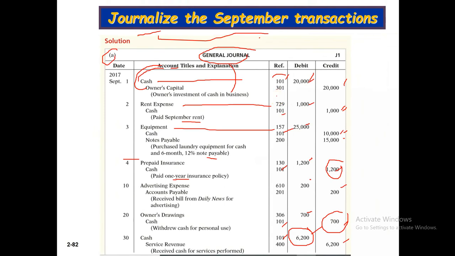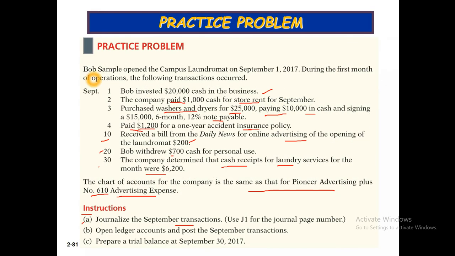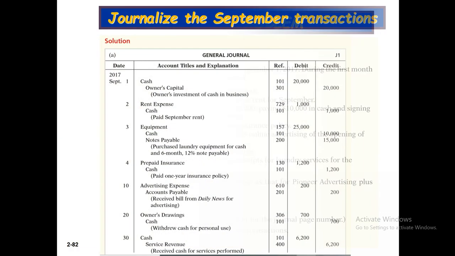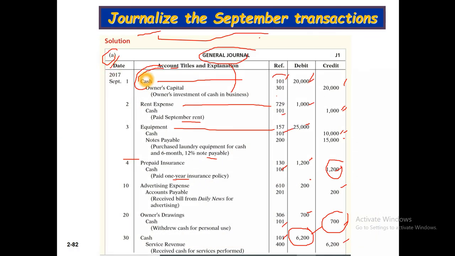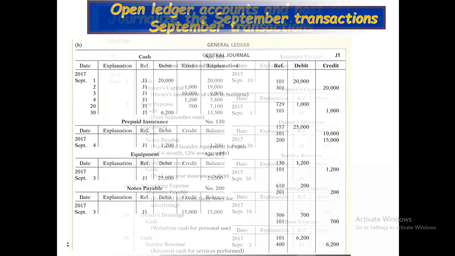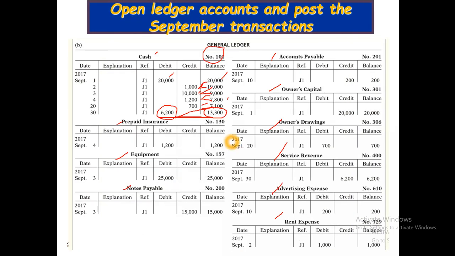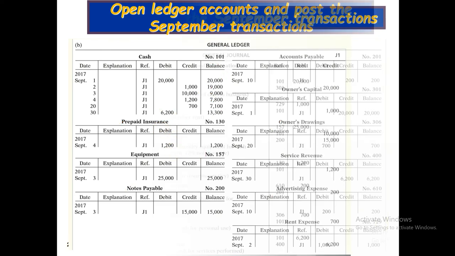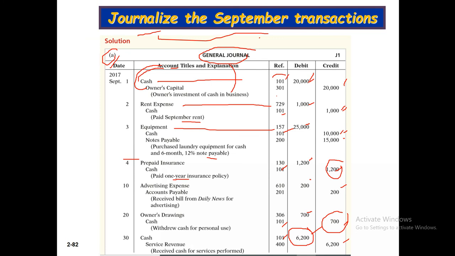So easily we can say this is our transactions. From the transactions we are preparing our journal, this is our journal, instruction A, and number second, B, our ledger. From the journal we are preparing the ledger. Suppose prepaid insurance 1,200, so we are getting this prepaid insurance here, this is 1,200.